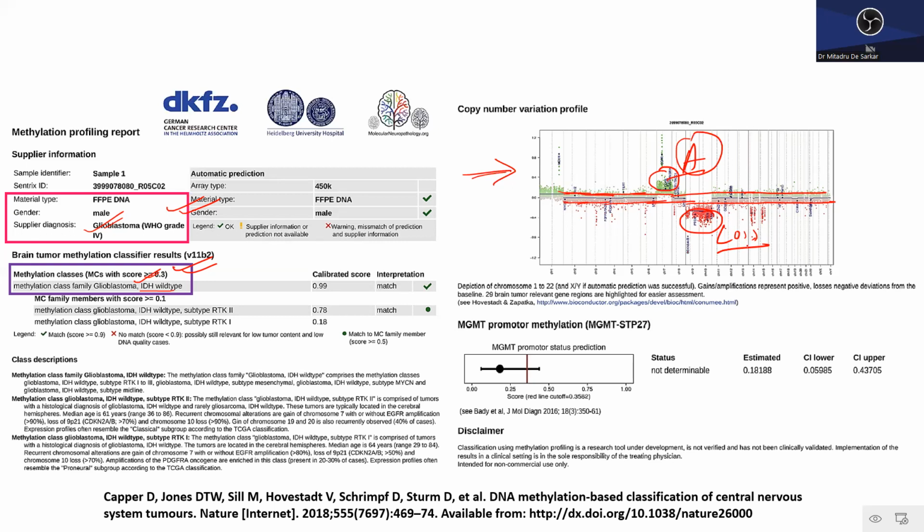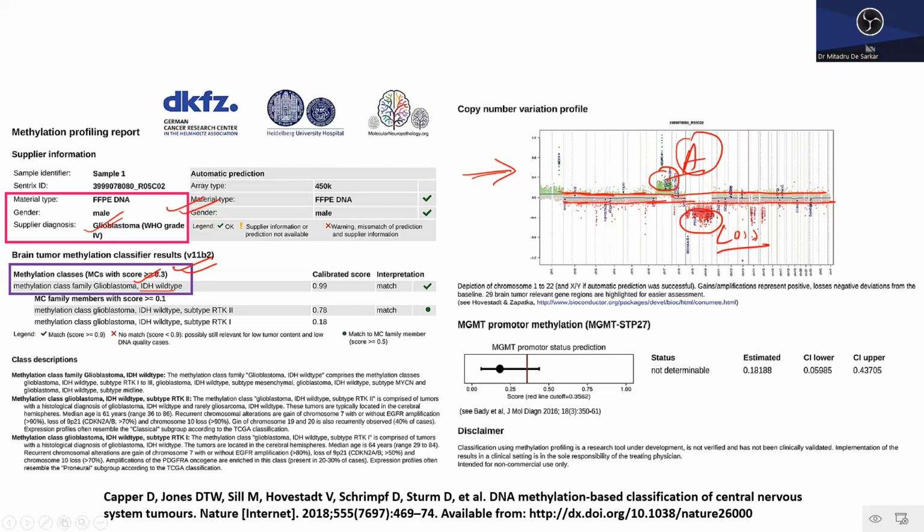Most importantly, these copy number variation profiles would help to change your morphological diagnosis. Maybe you have something like a grade 2 IDH mutated glioma, and then you come across a finding like a deletion in CDKN2A, 2B. This automatically upgrades your diagnosis to an IDH mutated astrocytoma grade 4. Thus, this DNA methylation profiling is a very powerful tool.